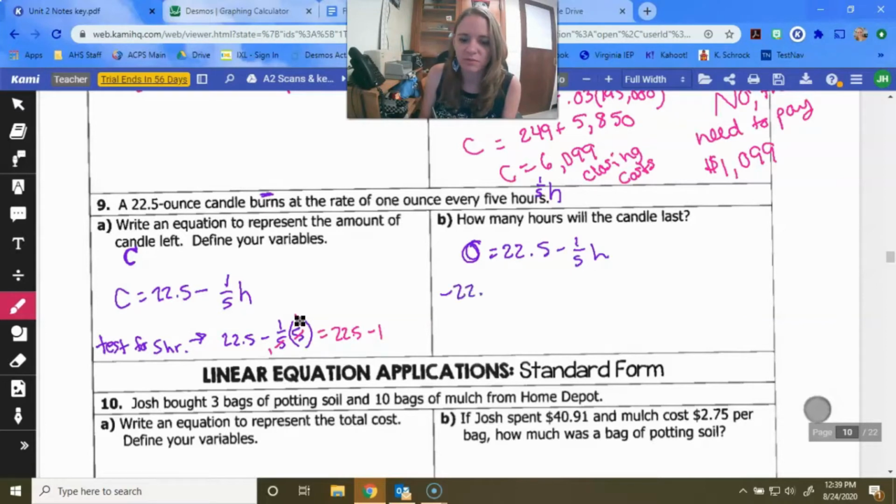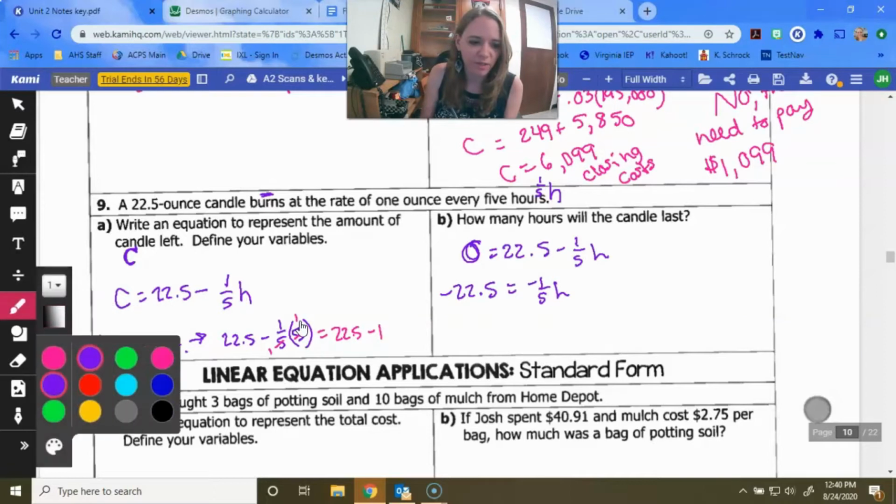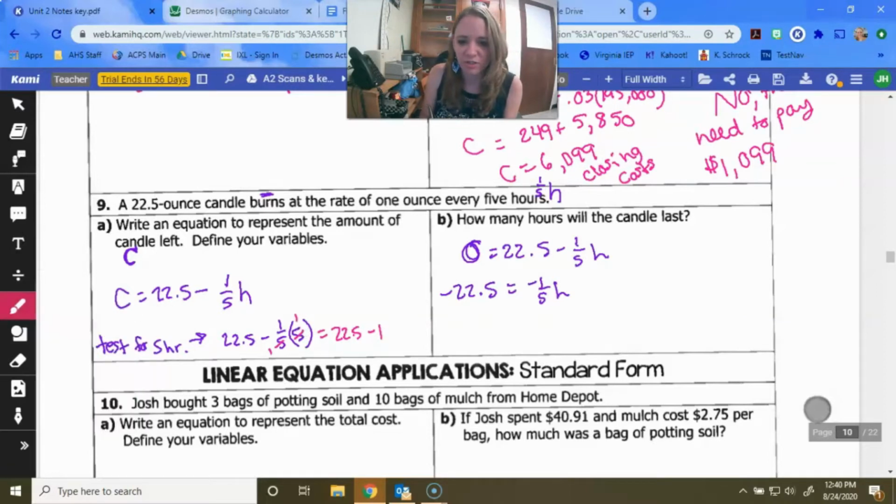Minus 22.5 equals negative 1/5 H. And then to get this away, we would multiply by its reciprocal since it's a fraction, and the negative. So multiply by negative 5. Multiply this side by negative 5. All right, so I know that's going to come out to be positive.